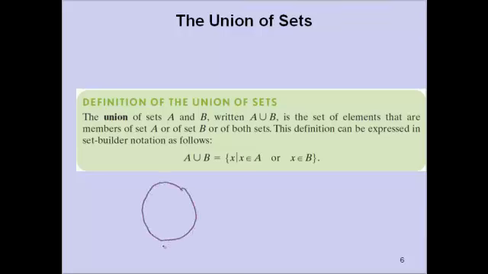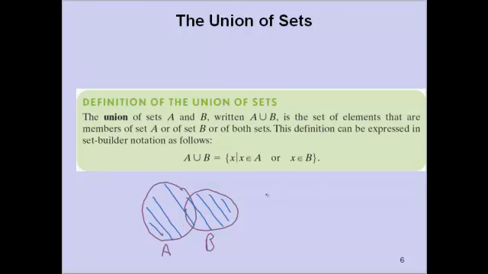So here, of course, is set A. Here, of course, is set B. And, of course, all of the elements in A or all of the elements of B are part of it. And so you're like, oh, so it's all of this area. All of these elements are part of this new bigger set.